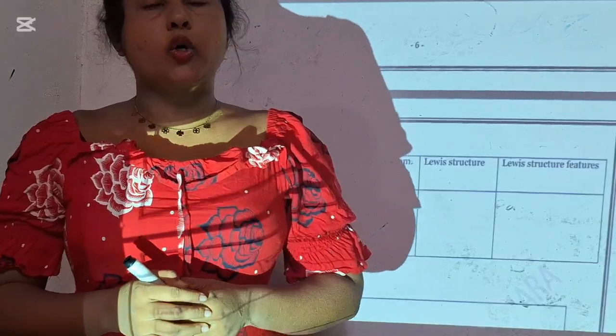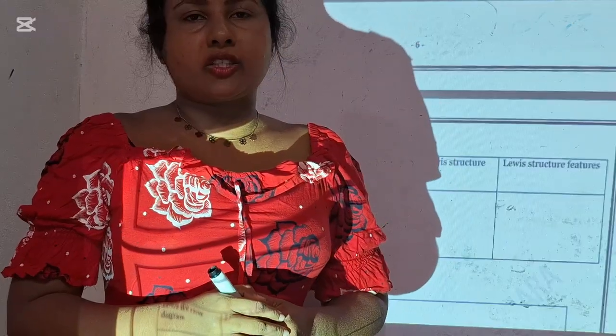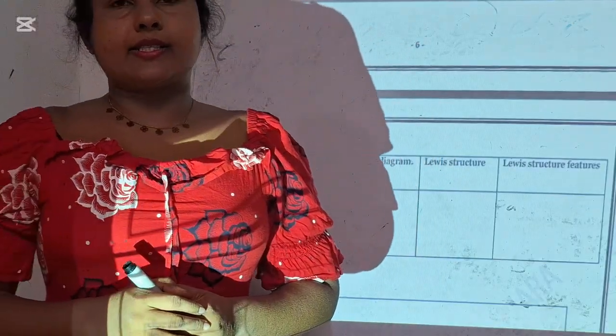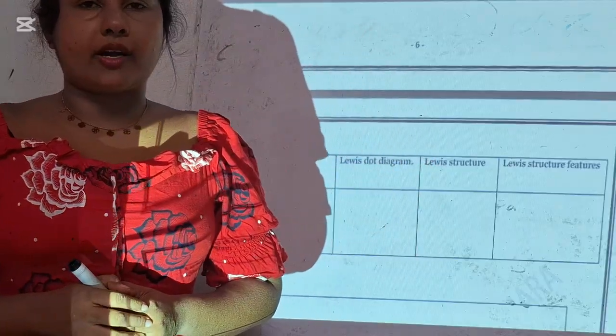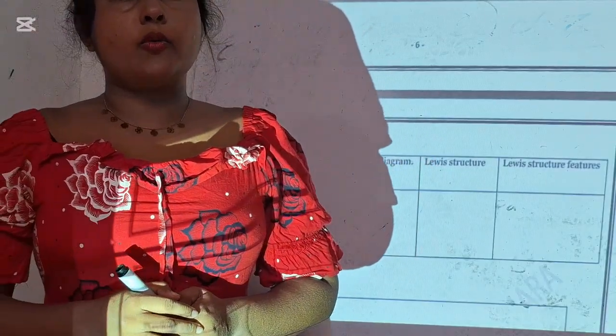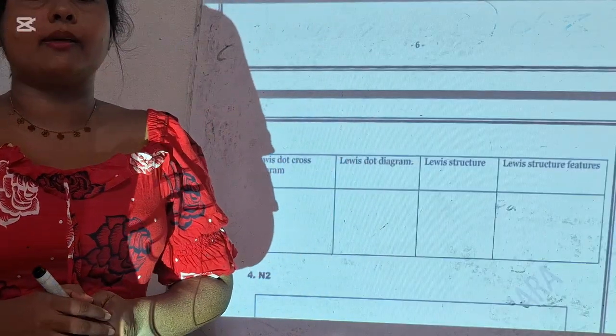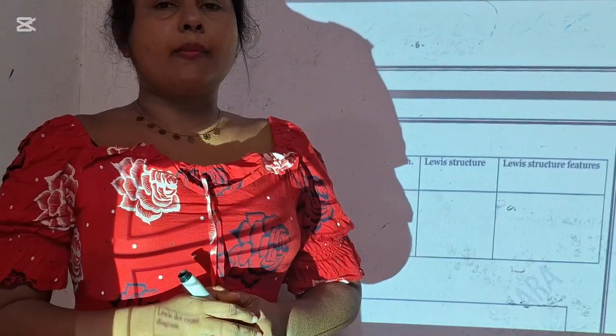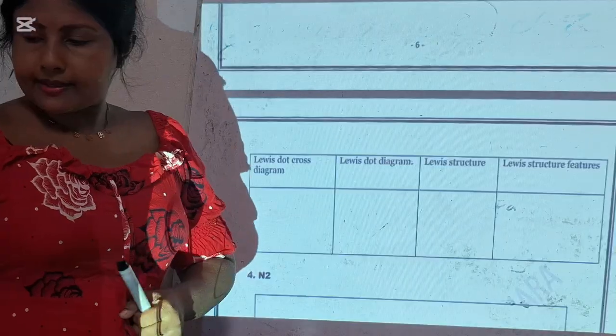After learning about the covalent bonds and also the Lewis structures as well as the Lewis dot cross structure and Lewis dot structure, we are moving to the next part of the lesson.